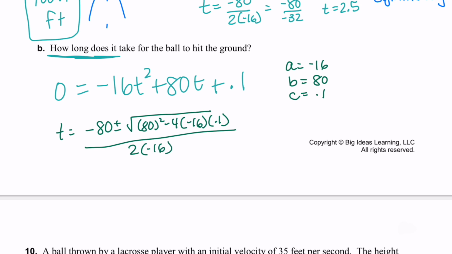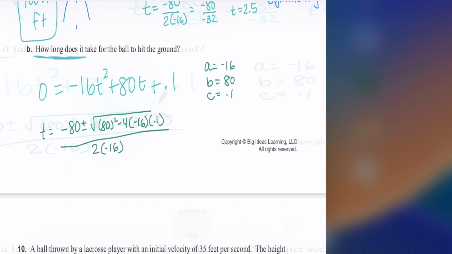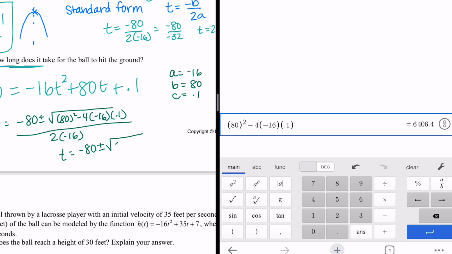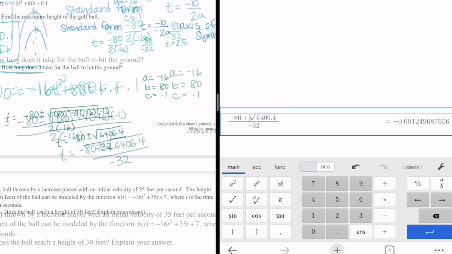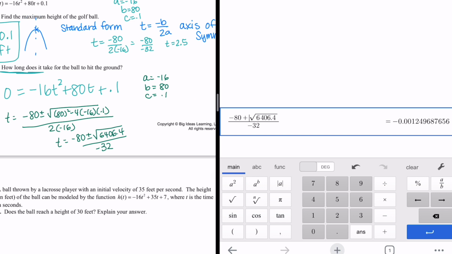Okay, so we're going to simplify what's underneath the square root. So we get 6406.4 underneath the square root, and 2 times negative 16 is negative 32. So now I'm going to type all of it in. On my first number, I get negative 0.0001.